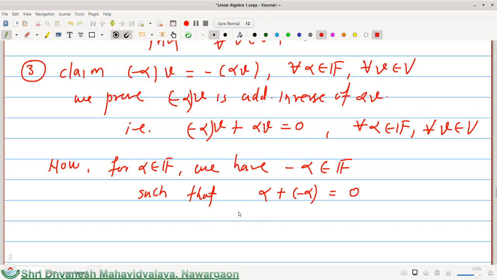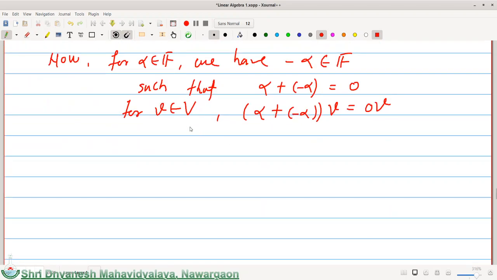Okay, so here we post multiply this equation by v. So for v belongs to V, post multiplying this equation by v, 0 into v. So by distributive properties, we get alpha into v plus minus alpha into v is equal to 0 into v.